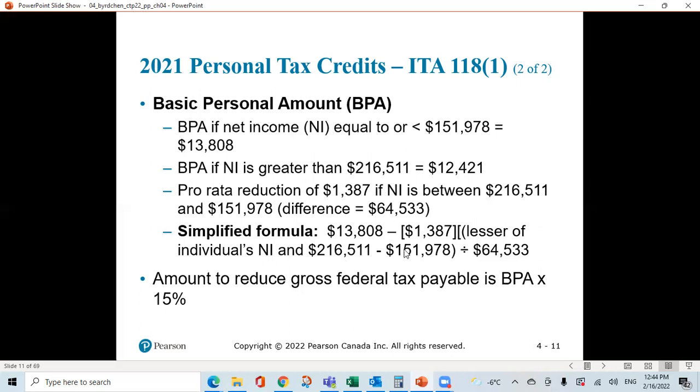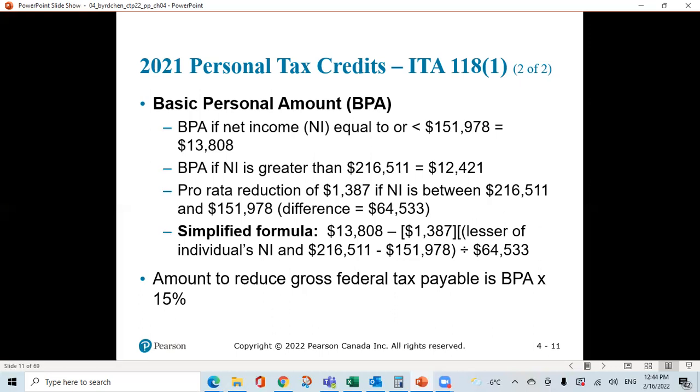Then you use this difference times 1,387, and then you divide by 64,533. So that will be your total BPA for 2021. This formula reflects the approach which starts with the regular BPA, adds the enhancement, and subtracts any reduction in the enhancement.